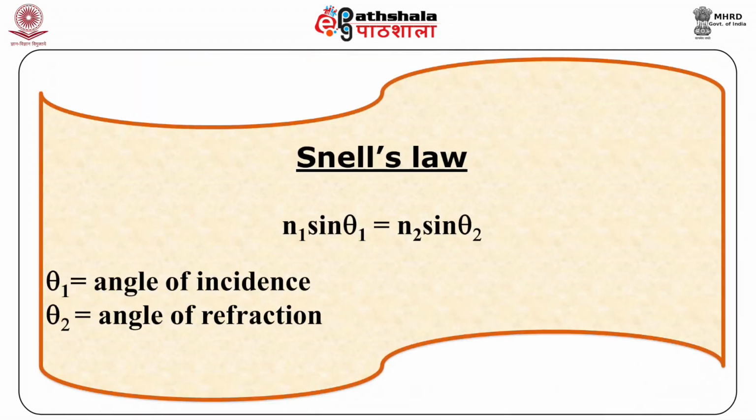This is also described by Snell's law, given by n1 sine theta 1 equals n2 sine theta 2. Theta 1 and theta 2 are respectively the angle of incidence and the angle of refraction crossing the interface between the two mediums with refractive indices n1 and n2.